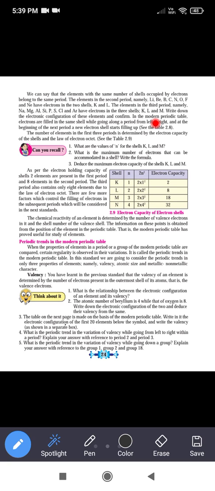Write down the electronic configuration of these elements and confirm.